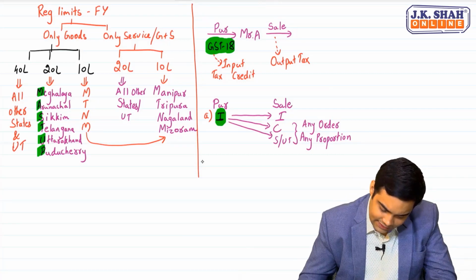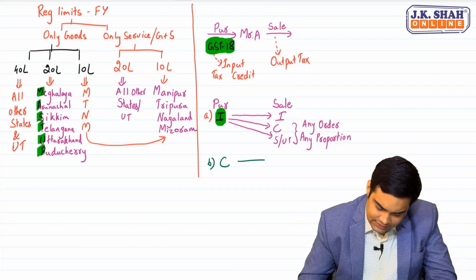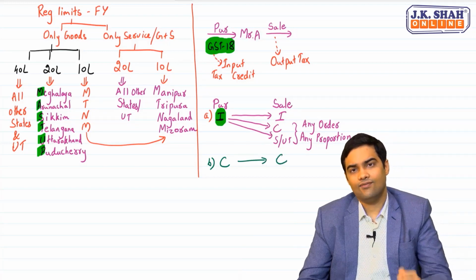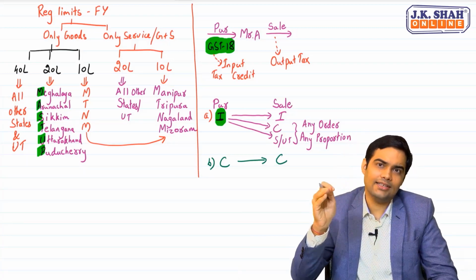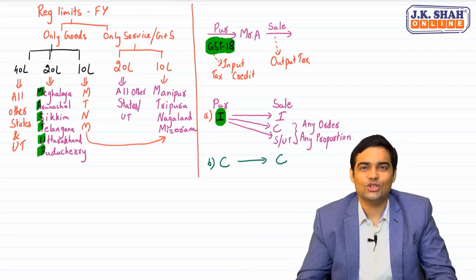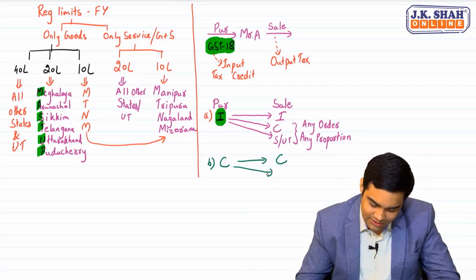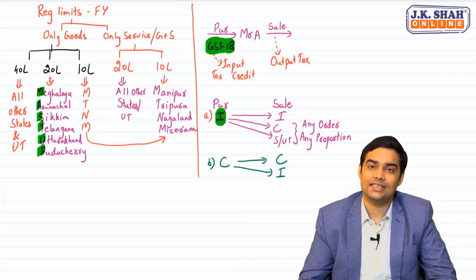Then the second is CGST, which would be first adjusted against CGST. See, the first part is input CGST, the second part is output CGST. So C will be first adjusted against C, then C can be utilized to pay any tax payable of IGST.